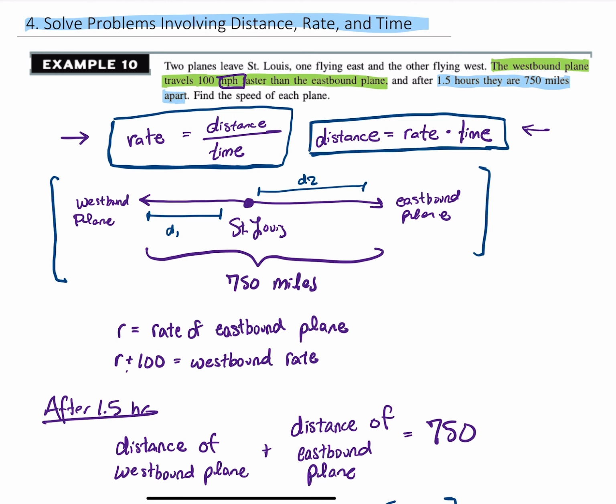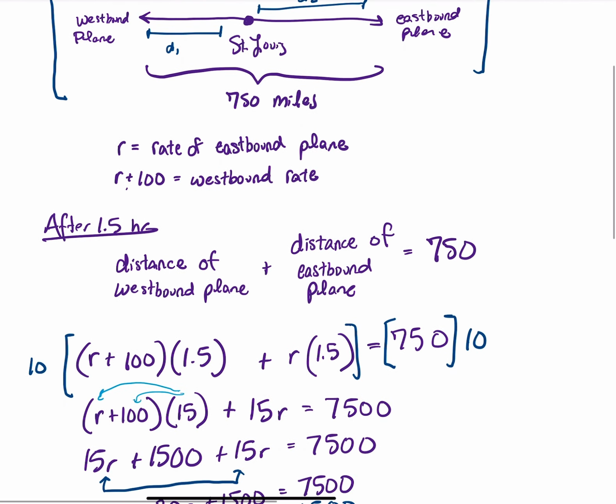In this case we had a starting point and they went in 2 different directions, and they have some total amount. So I know the distance traveled by the westbound plane plus the distance traveled by the eastbound plane equals this total distance. That's what I wrote out here, the word version. We had to define a variable, so we said r was the rate of the eastbound plane, and the question said the westbound plane was 100 miles per hour more than that.